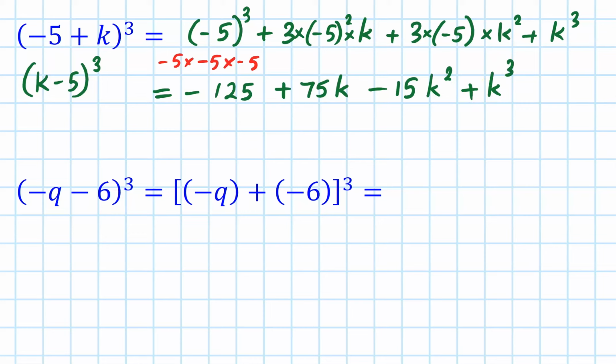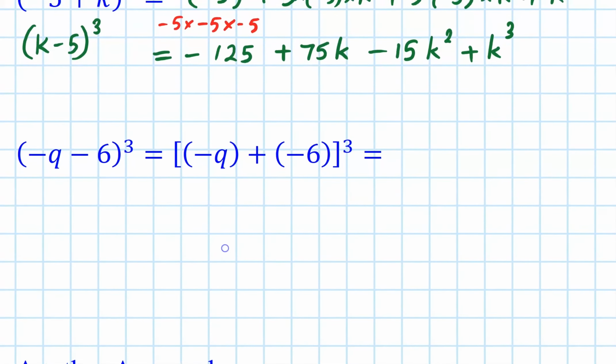The next one is (-q - 6) cubed. Well, we can do this one in 2 different ways. Let's split it as -q plus -6, and then apply the formula for (x + y) cubed. Right, we get (-q) cubed as we did before.